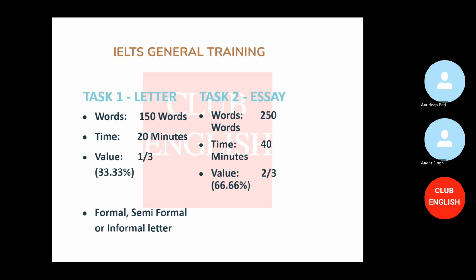So 5 in the letter, plus 6 in the essay, then again 6, that is 5 plus 6 plus 6 upon 3. Are you understanding this? That's a very important point, because then only you'll be more focused towards the essay. Letters you have to focus on, but the essay you have to focus on more.